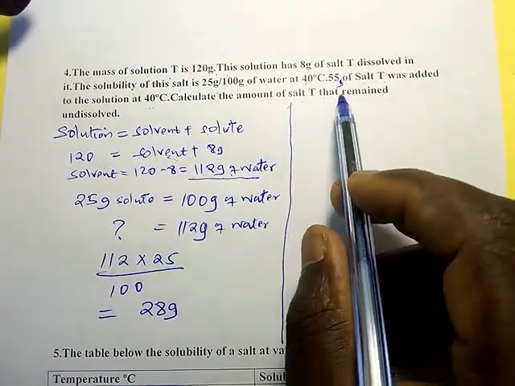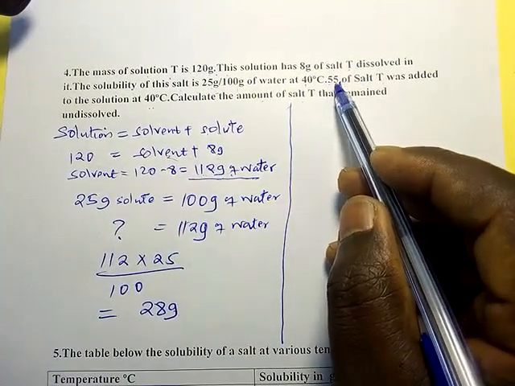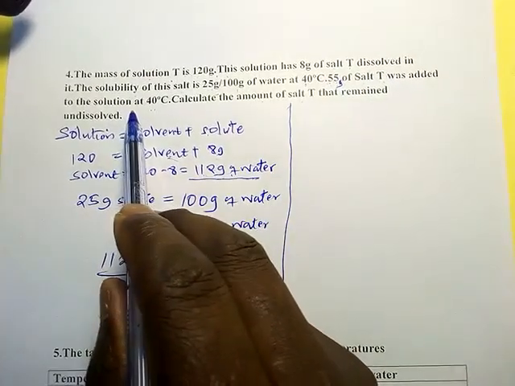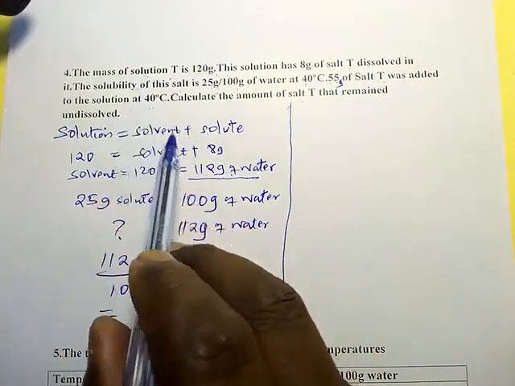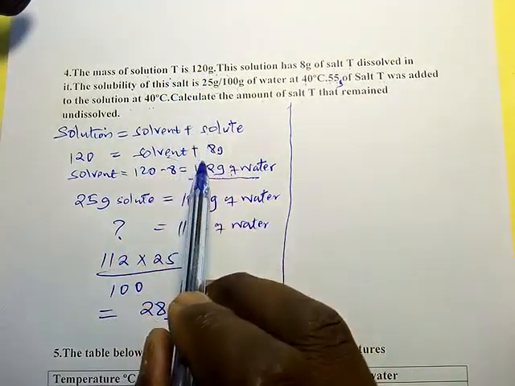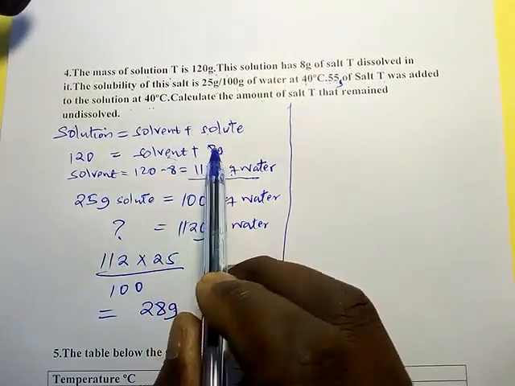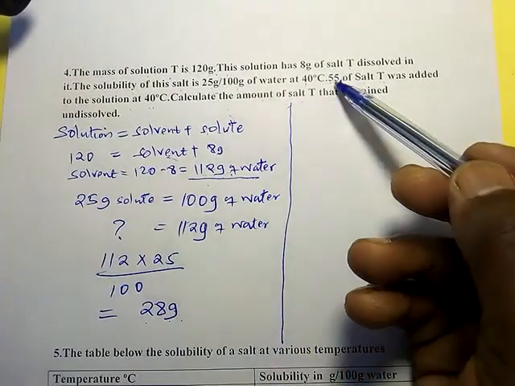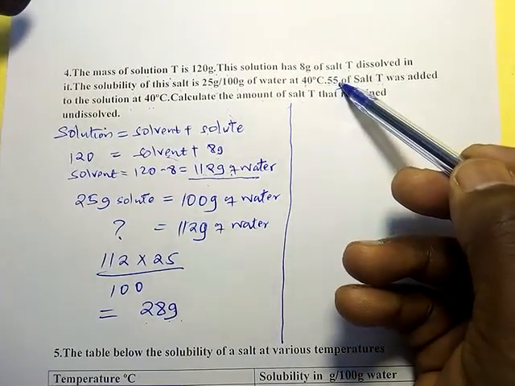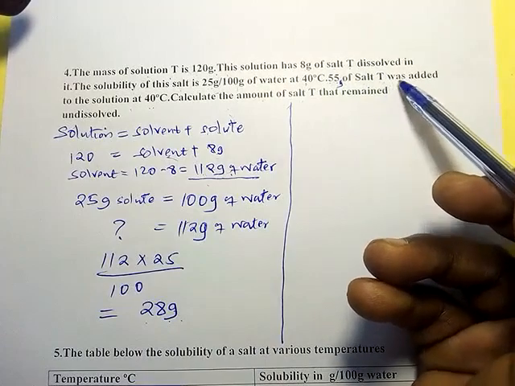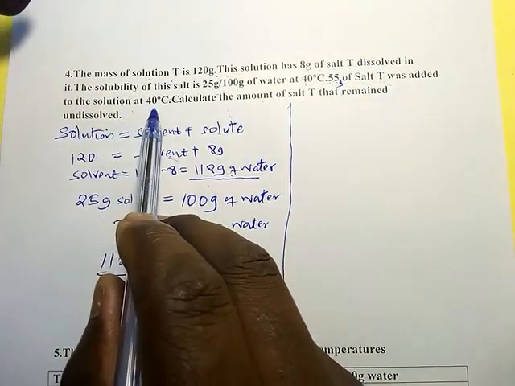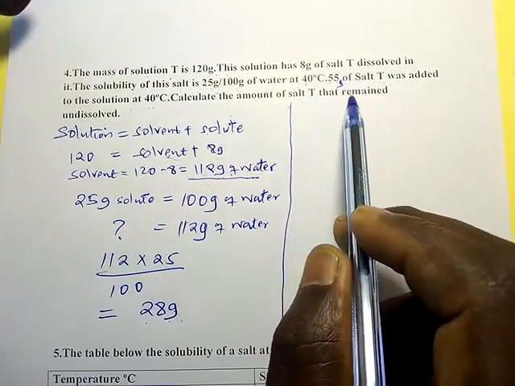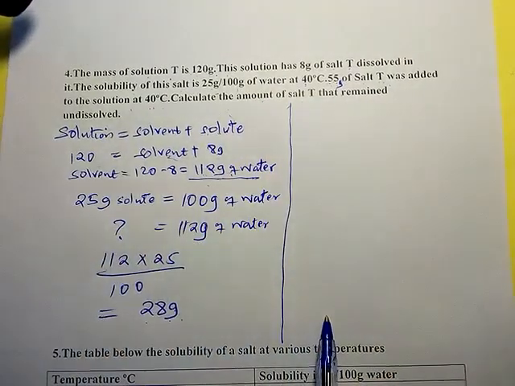The question continues and says that 55 grams of salt T was added to the solution. Remember, our solution contains only 8 grams, and the total required is 28 grams. But this person is adding 55 grams of salt T to the solution at 40 degrees. Calculate the amount of salt T that remained undissolved.